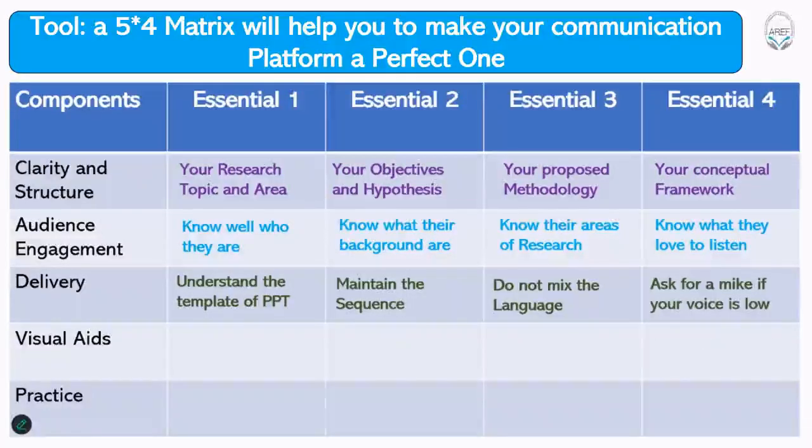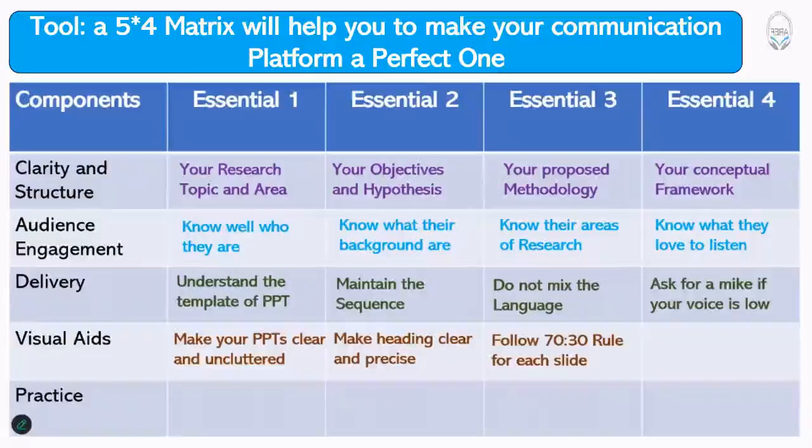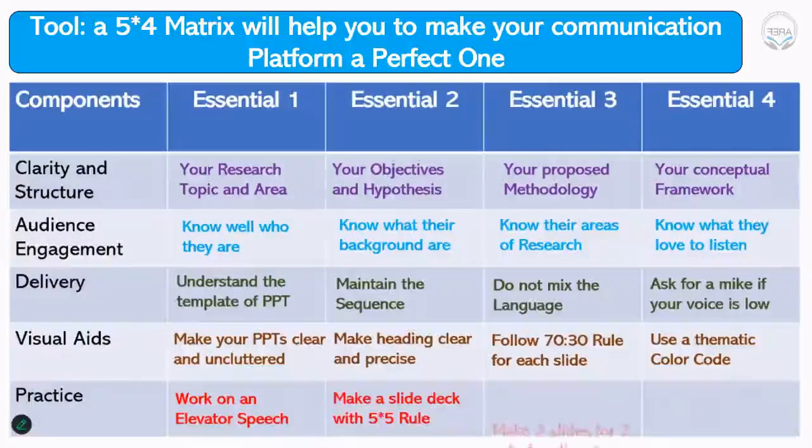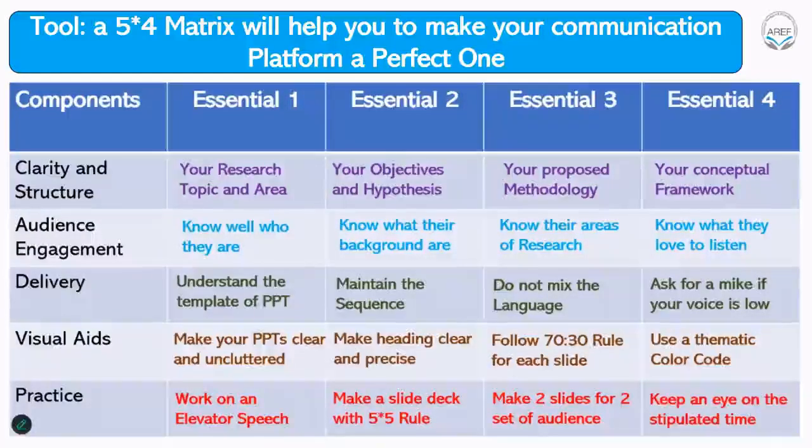Visual aids, these 4 things. And as far as practice is concerned, we also discussed these 4 things that will keep your presentation ready to manage any kind of situation where you are making your presentation.